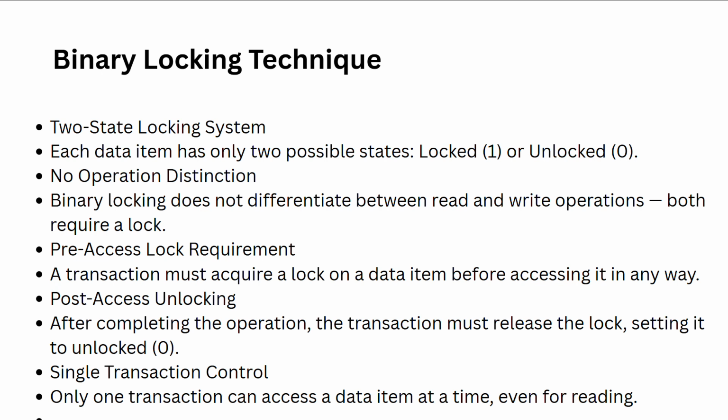And the fourth point is post-access unlocking. After completing the operation, the transaction must release the lock, setting it to unlocked. And the last point is single transaction control. Only one transaction can access data at a time, even for reading, which means at a time we can access only one data item for reading purposes.